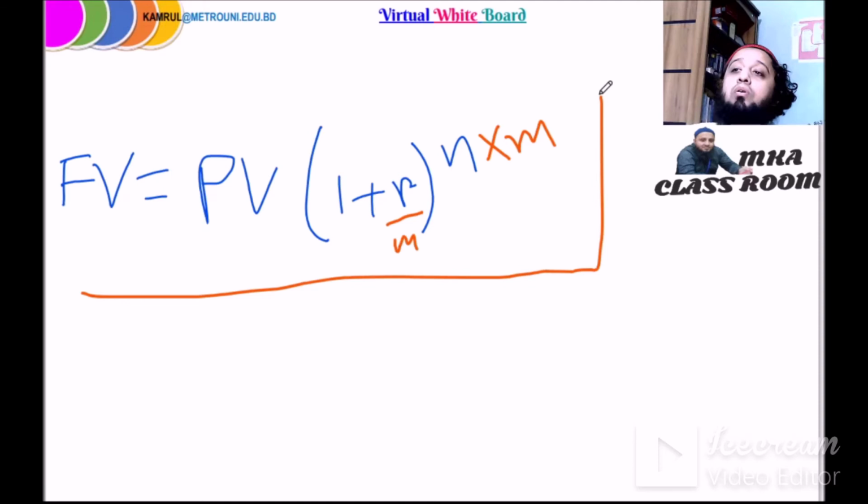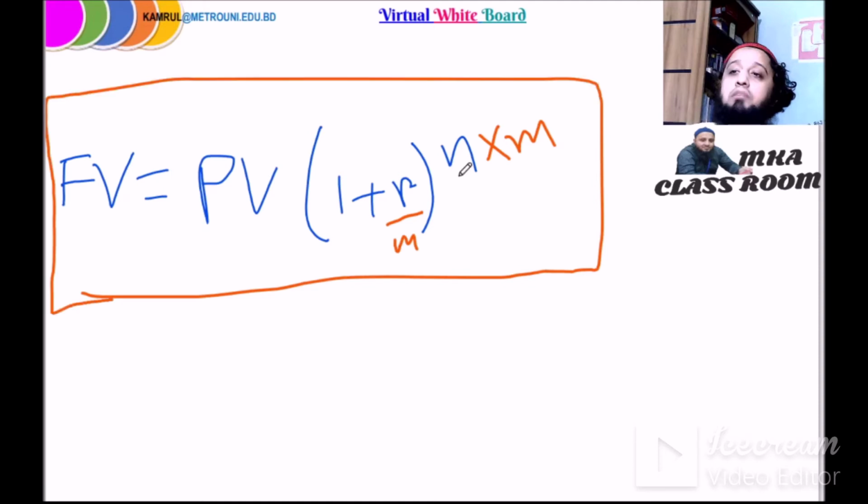Suppose 2 years and compounding semi-annually, then n should be 2. M should be 2 for semi-annual compounding.